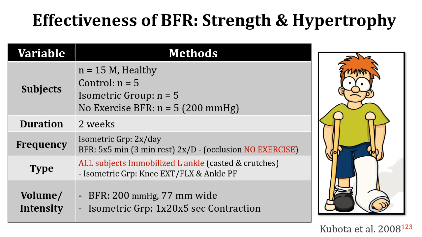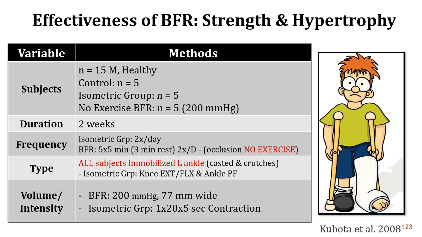The isometric group, on the other hand, did knee extension in a seated position, knee flexion in a prone position, and then ankle plantar flexion. And all individuals in all 3 groups were casted and instructed to use crutches and to be non-weight bearing on the limb for the duration of the 2 weeks.